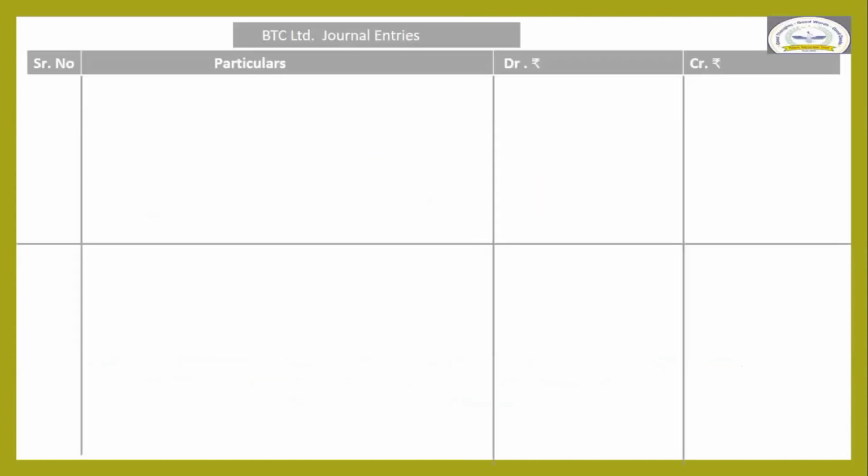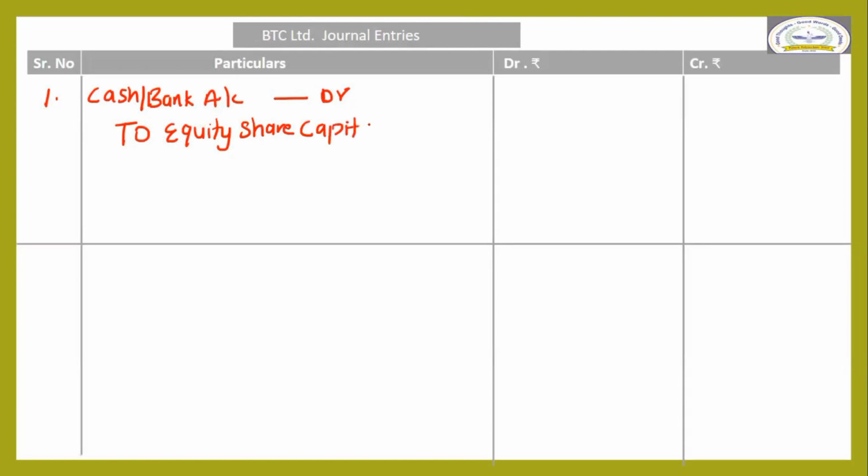We are going to make the final call of rupees 1,20,000, and as the money is received we pass the journal entry: cash or bank account debit, to equity share capital account. And the amount is 1,20,000 rupees.